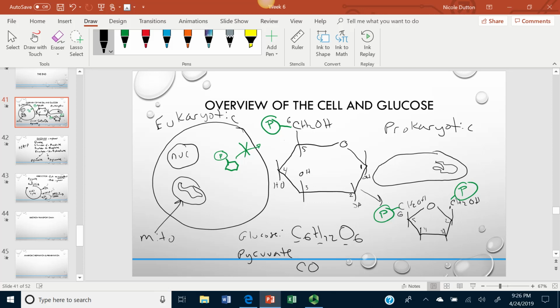The carbon and oxygen combine to make carbon dioxide. And then the hydrogen ions go on to the electron transport chain. So just by looking at this formula here, you can see where the carbon dioxide came from.